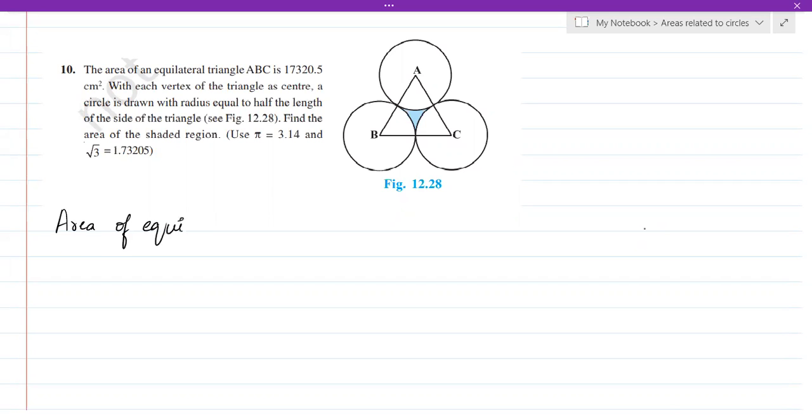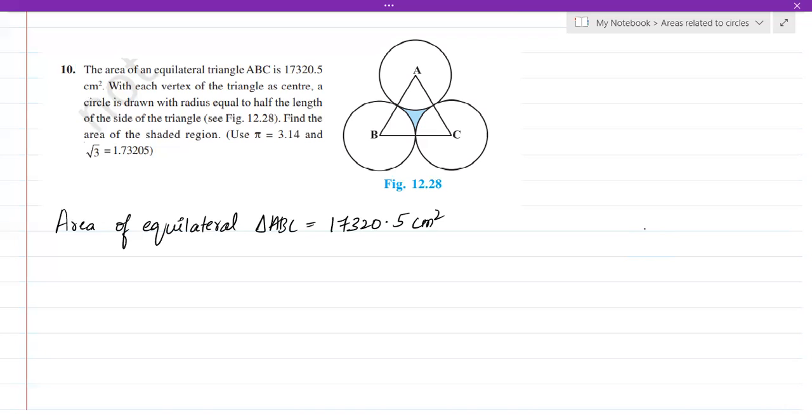With each vertex of the triangle as center, a circle is drawn with radius equal to half the length of the side of the triangle. Find the area of the shaded region.